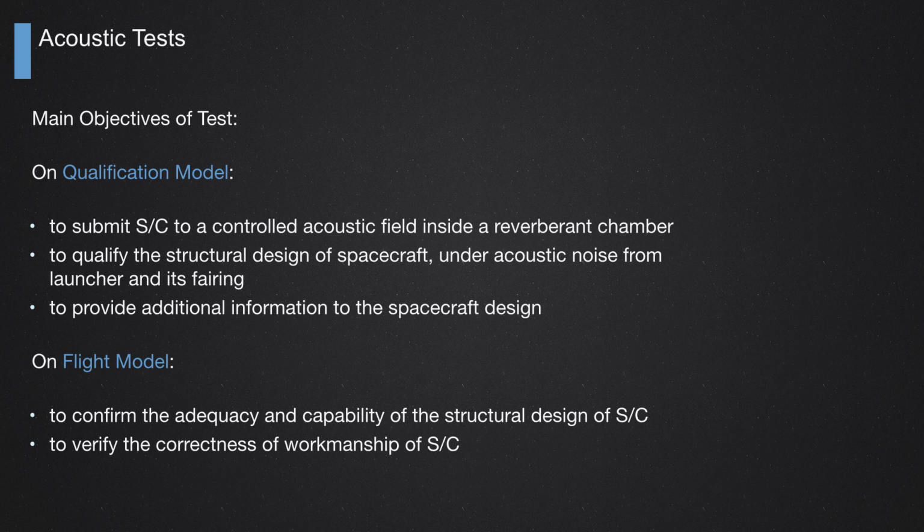Okay, let me talk a little bit about the acoustic tests. The vibration tests performed on the shaker are the classical ones because they are applied to represent the vibration coming from the structure of the rocket itself.